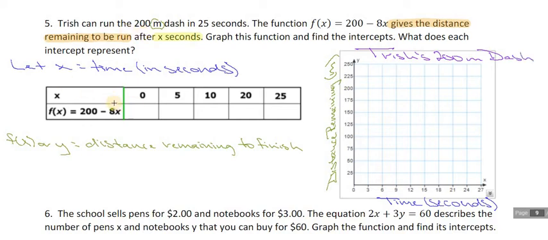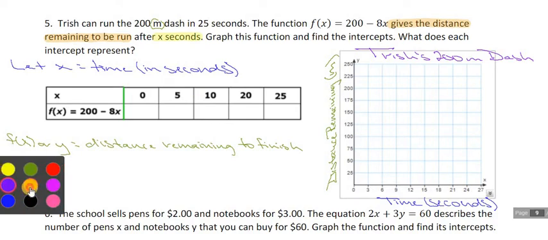Okay, so x is the time that she's run, and y is the distance remaining to the finish line. So it gave us our x values to use to plug and chug. So let's plug these in.